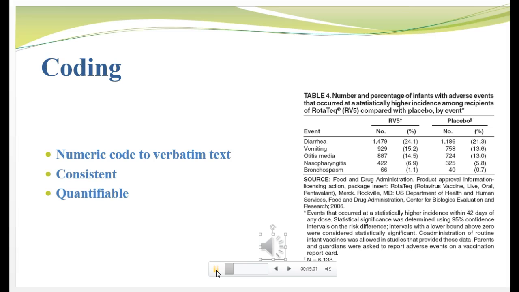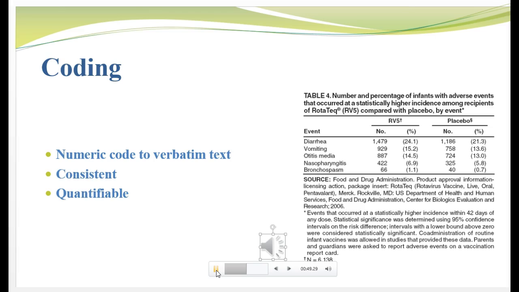So essentially that means you need to assign a numeric code to that verbatim text, and that code has to be assigned consistently, and in some cases you need to take a large number of codes and distill them down to a single code. So you need to have something that's quantifiable and consistent, and essentially that there is a numeric code that has been applied to your verbatim text.